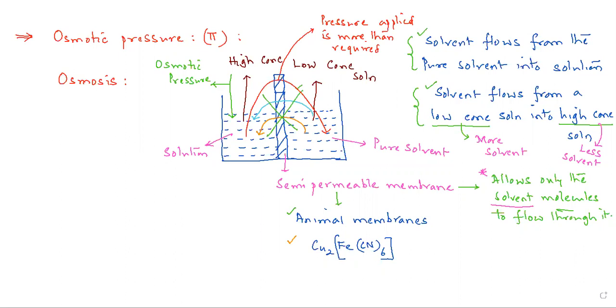This process wherein the flow of the solvent is exactly opposite, reverse to what we normally see in regular osmosis, is called reverse osmosis, because the flow of solvent is in the reverse direction to the normal one.